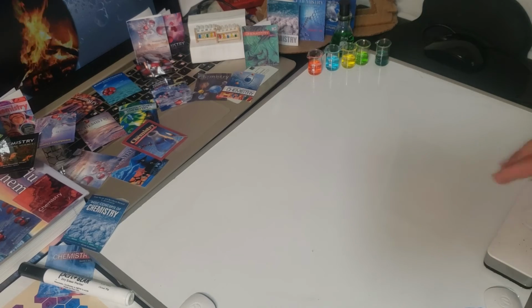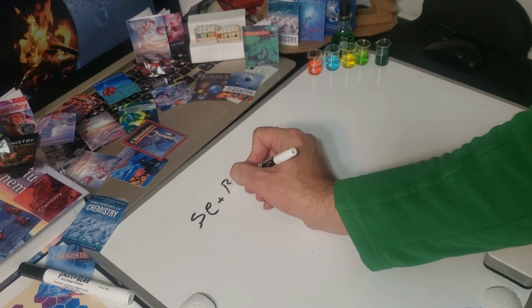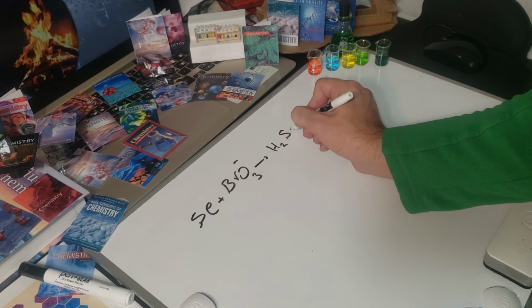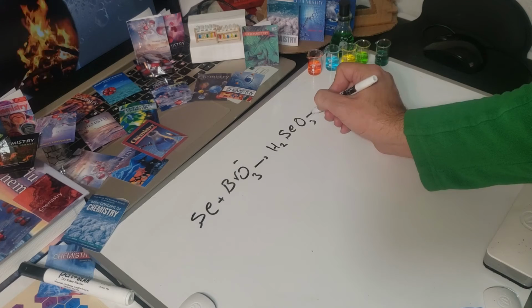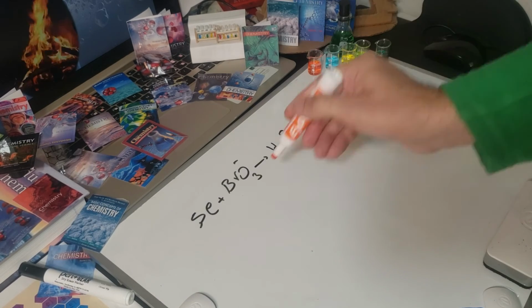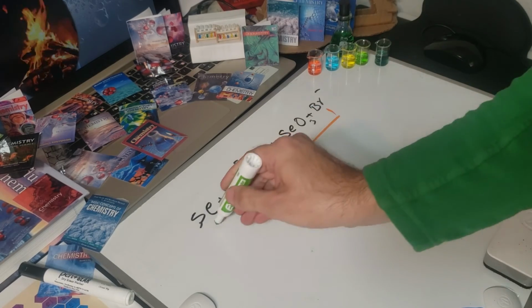Let me just write down a little bit. Selenium plus BrO3 minus, just to have a little bit more space. Sorry for the delay. Let's go on. So bromine and selenium, both nonmetals, are changing.